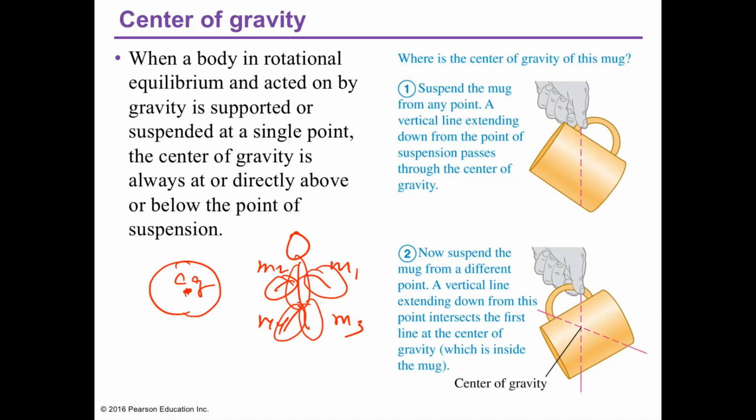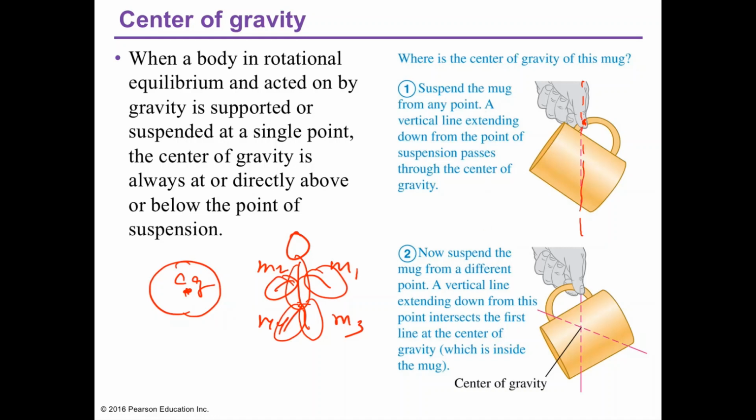There's another way to experimentally determine where the center of gravity of a complex shape is. Say, for example, this mug. When this mug is acted on by gravity, it's supported or suspended at a single point. For example, this hand is holding this mug suspended at a single point. Then the center of gravity is always at, or directly above or below, the point of suspension.